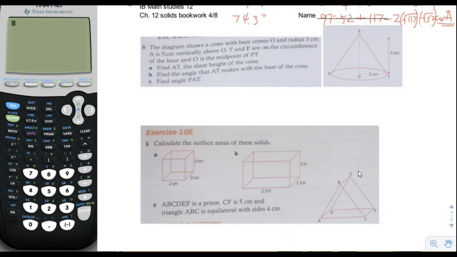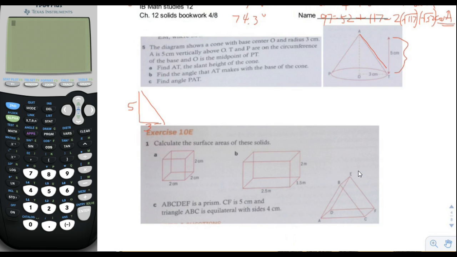So that would be this line here. They want us to find the length of that line. So you can see it's a right triangle, and we don't know the red part, but we do know that the height is 5, right? And we do know that the radius of the base is 3, so this is 3.